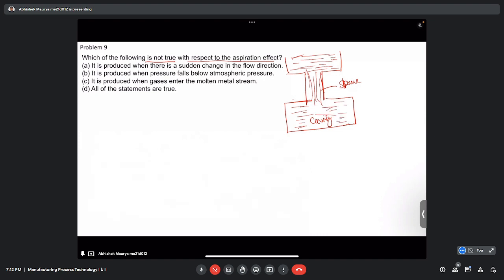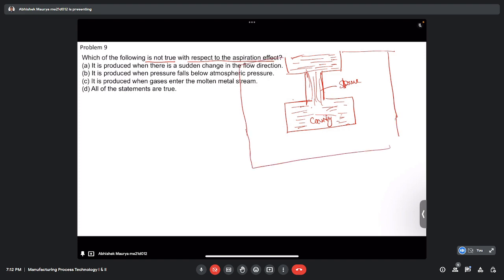So the aspiration effect is, if during the filling of the cavity, some gases which are present inside the cavity or inside the mold, so if you see from outside, this is the complete mold.